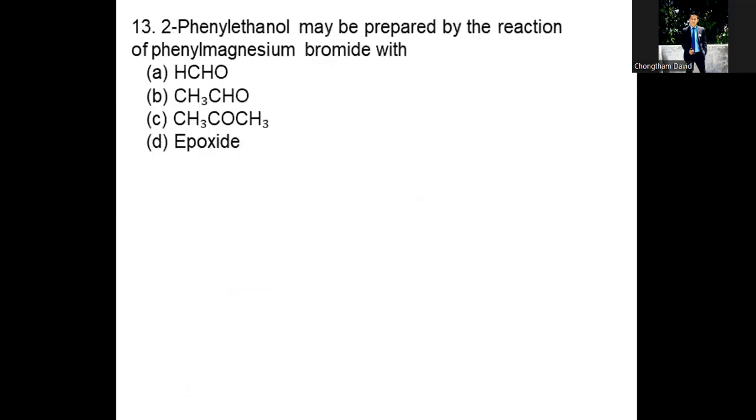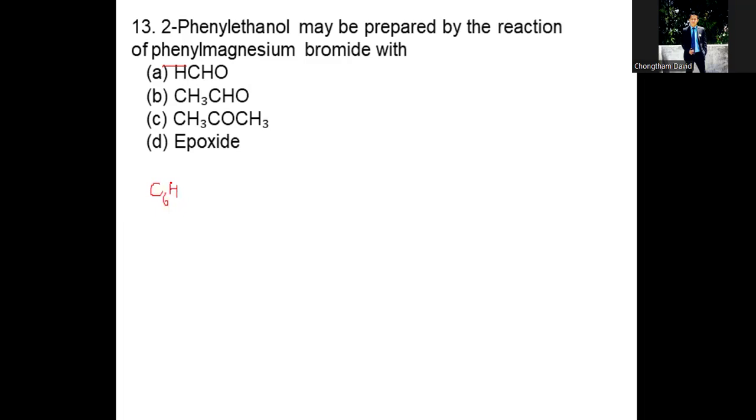Question number 13. 2-phenylethanol may be prepared by the reaction of phenyl magnesium bromide. This is your Grignard reaction again. So 2-phenylethanol, which is a primary alcohol, can be prepared from the given Grignard reagent by treating with ethylene oxide. Let us write the reaction first.